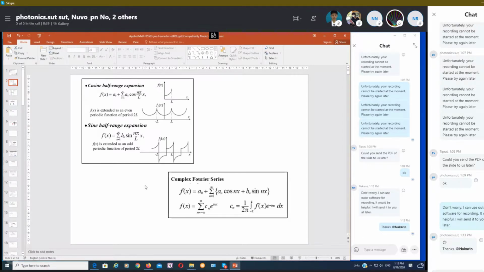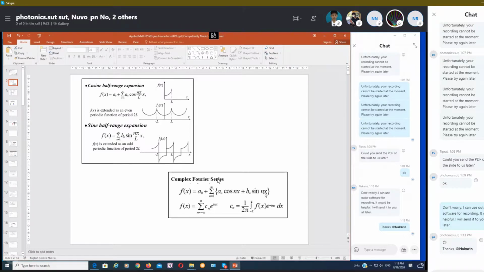After that, we also discuss the complex Fourier series. This is the Fourier series representation, the general formula. After we use the Euler theorem, remember we express cosine nx as the summation of complex exponentials: cosine nx is exponential inx plus exponential minus inx over 2.